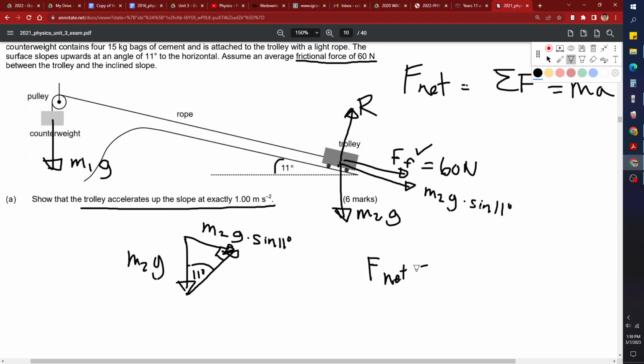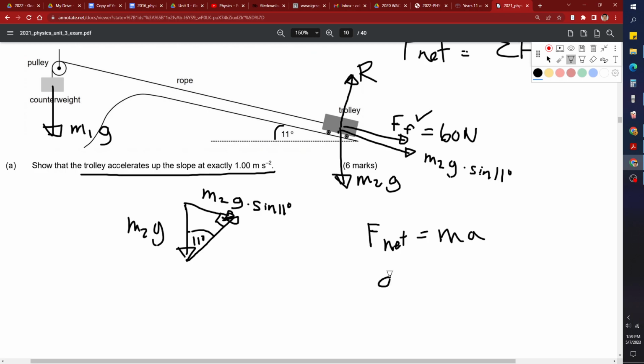So let's do this. We'll rearrange this so that we get a equals the net force over the mass. This mass is going to be the mass of both the trolley and the counterweight, because it's both the trolley and the counterweight that are accelerating, okay? So I'm just going to put a T here for the total mass.